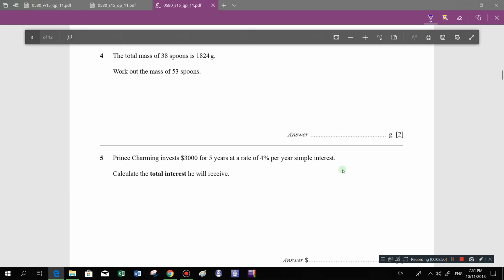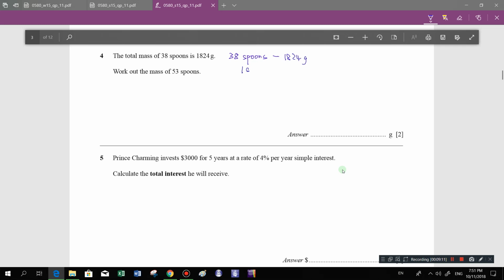Let's look at the other question. The total mass of 38 spoons is 1824 grams. Work out the mass of 53 spoons. Okay, 38 spoons give you 1824 grams.